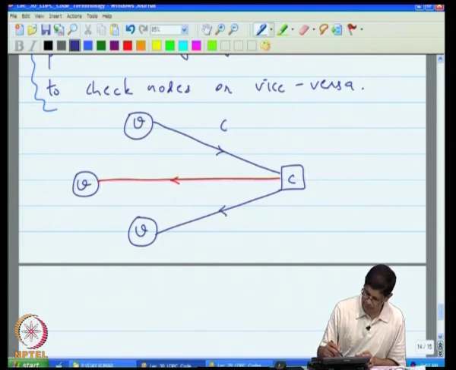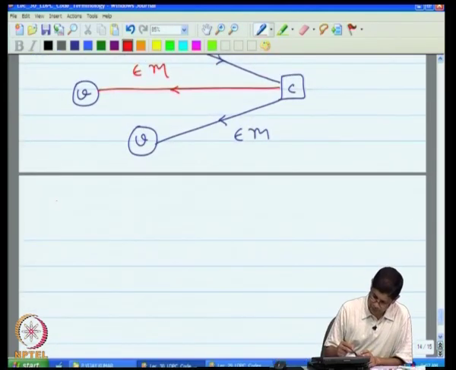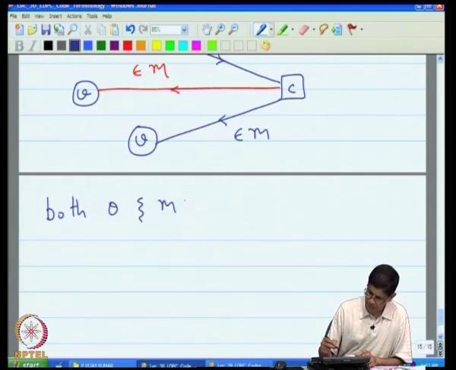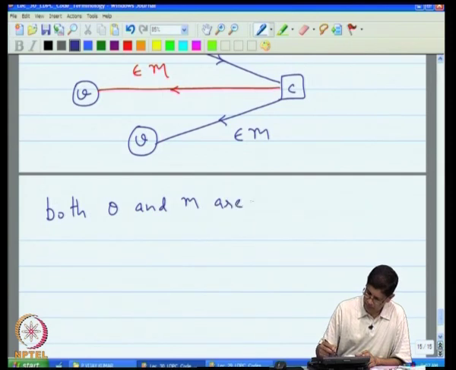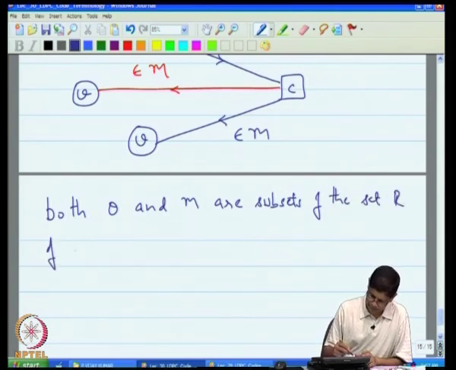And here again the messages are from the alphabet M. Okay. So, we will note that both O and M are subsets of the set R of all real numbers.